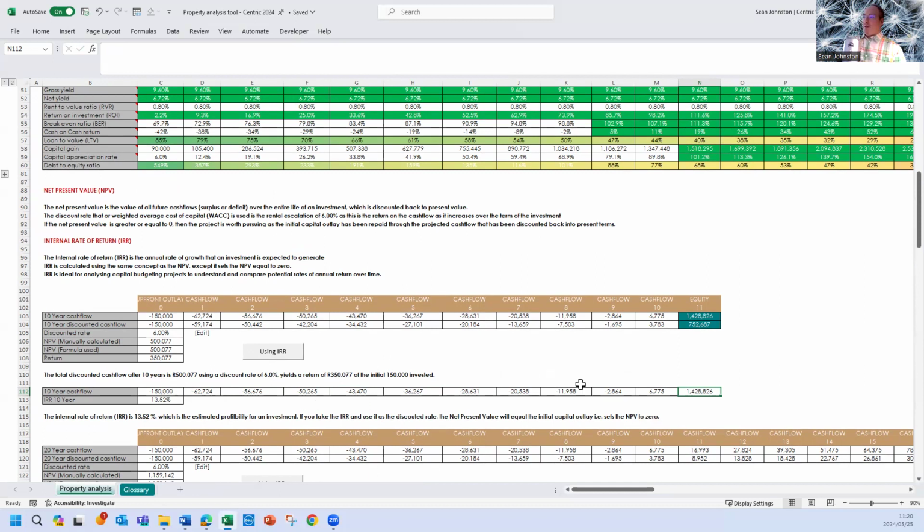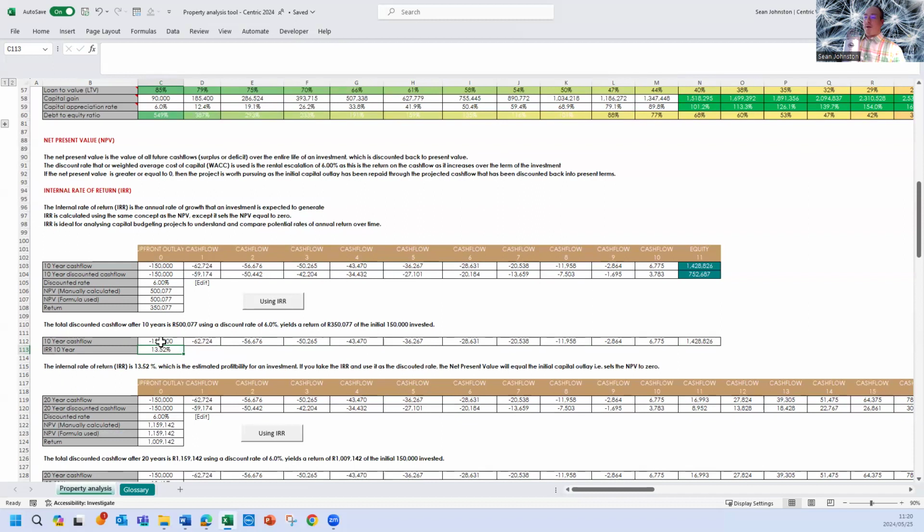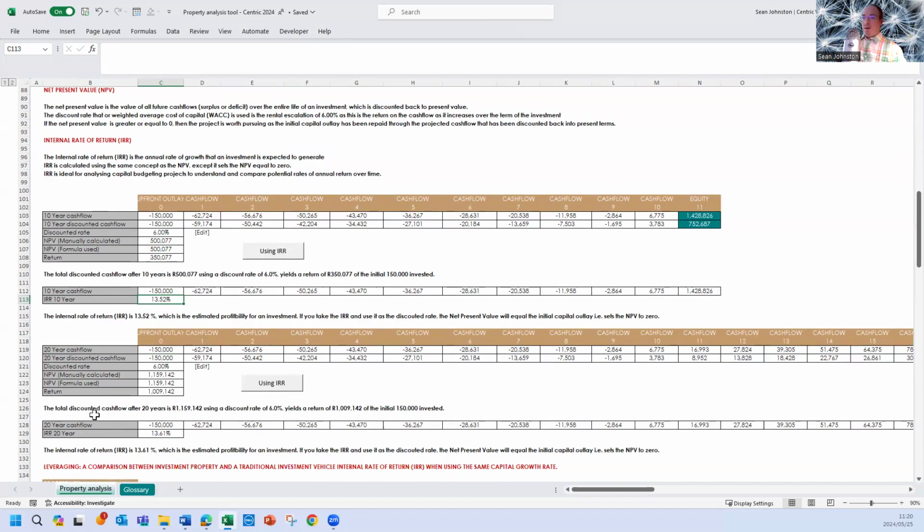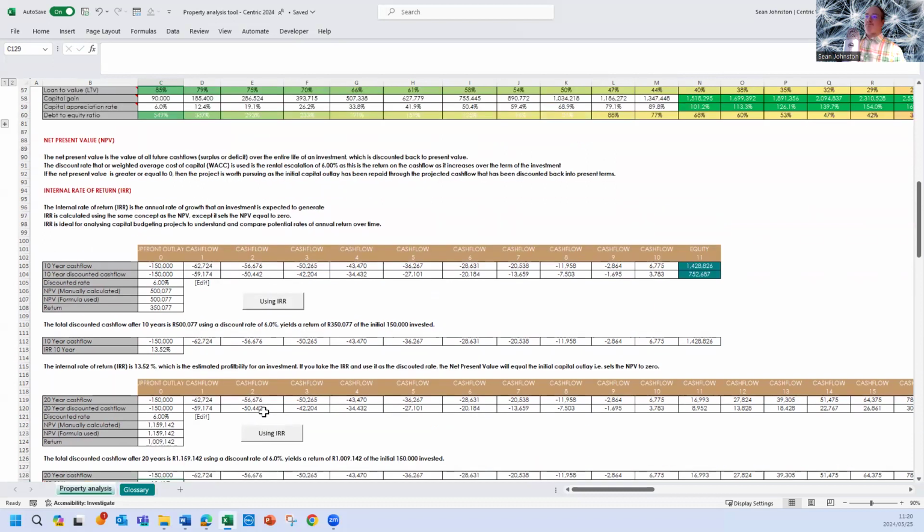The amount you've invested to get to a future return after 10 years has a rate of return of 13.52%. And over 20 years, doing exactly the same calculation, you're looking at 13.61%.